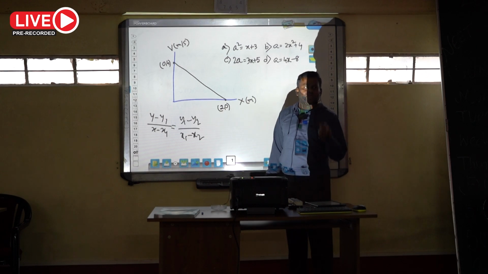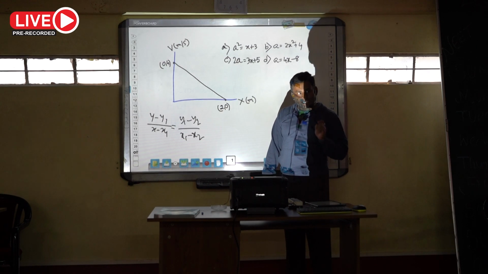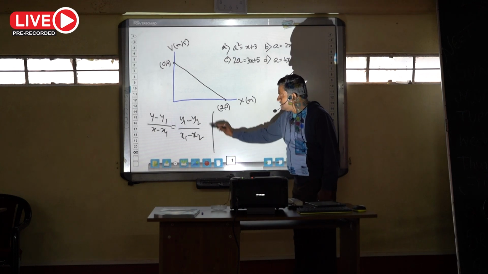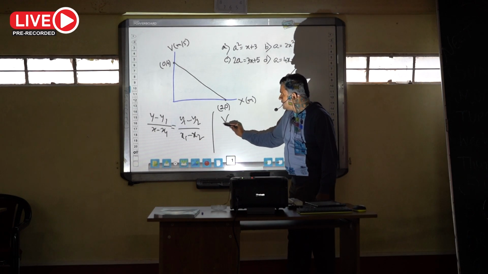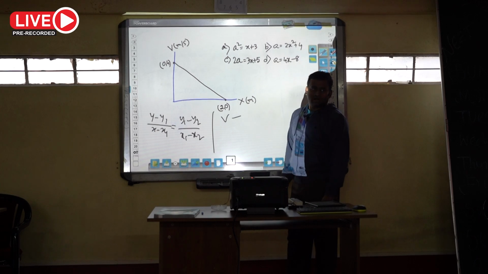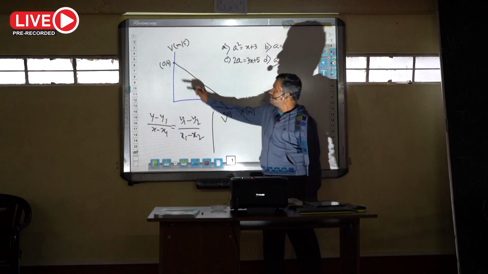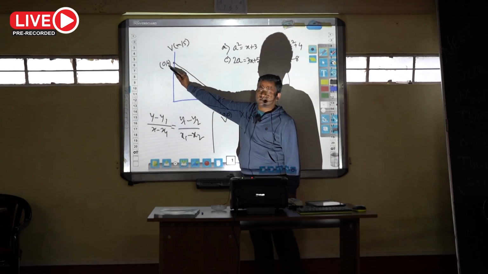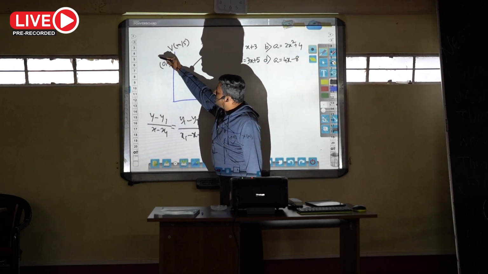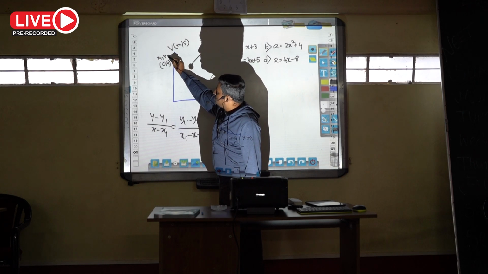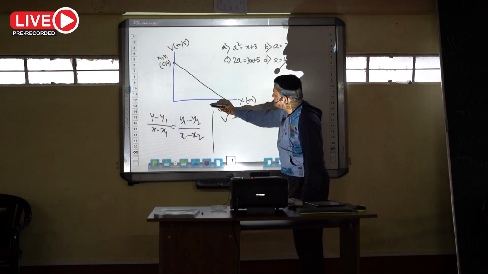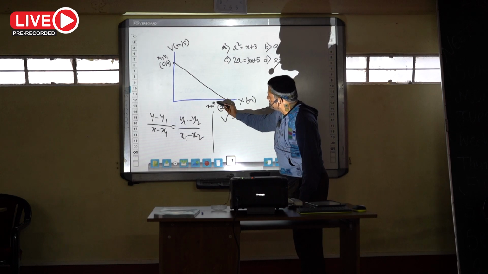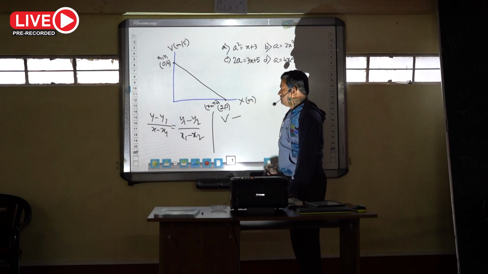So we have an equation between v versus x. So following this equation, if I put y equal to v minus y1, any point you can choose to be y1. This point is considered as x1 comma y1. This point is considered as x2 comma y2. Just now put the values.